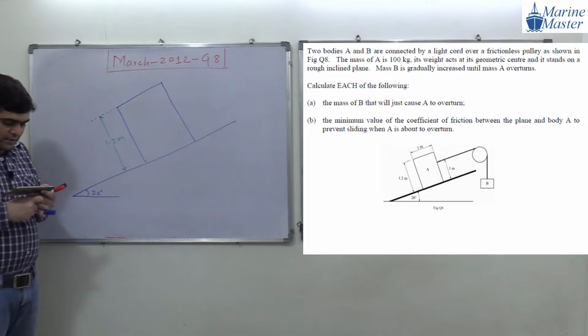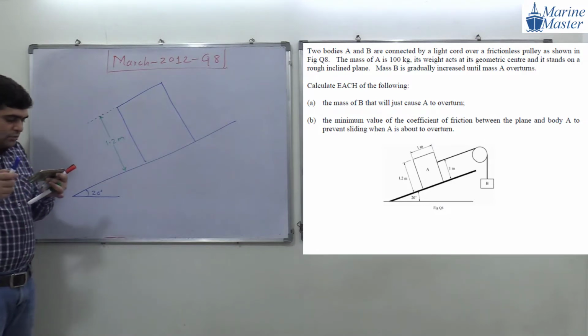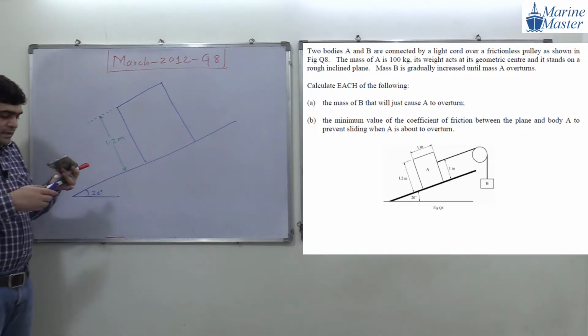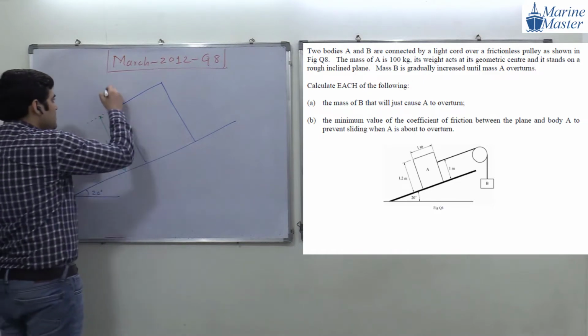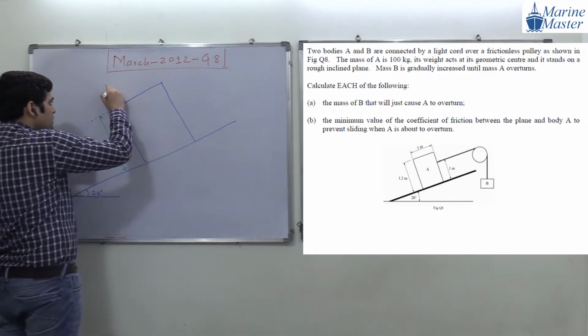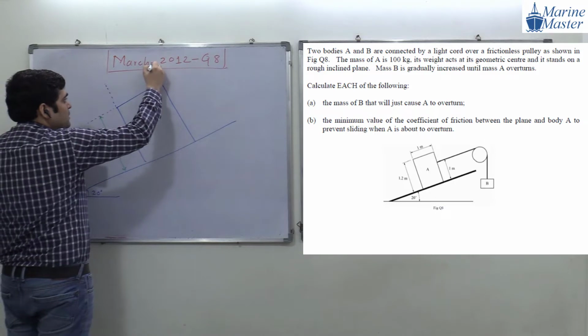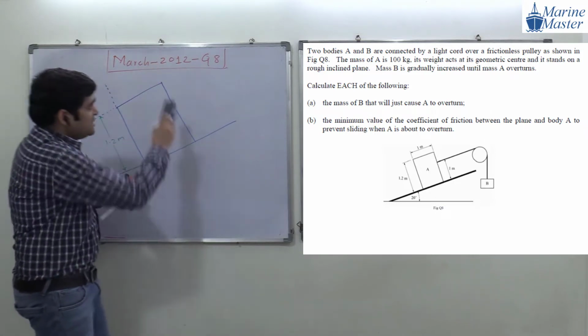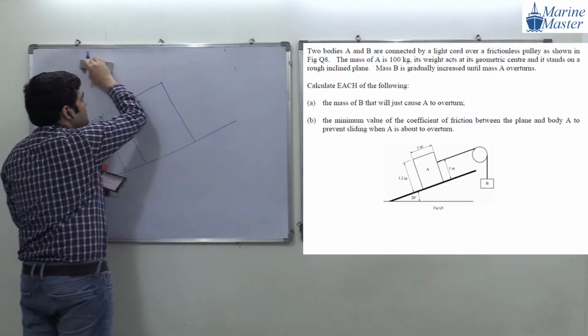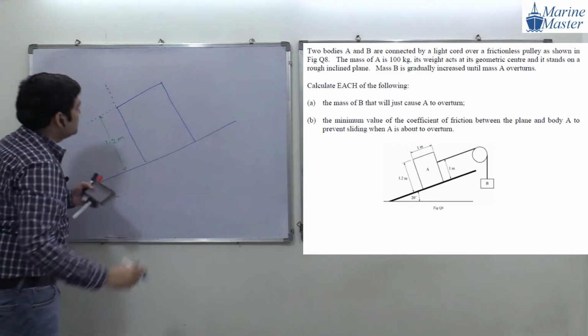Now try to see the scenario here. Now, what they are saying, and this dimension is how much? It is March 2012 exam question 8. I am rubbing this out, because we need it.